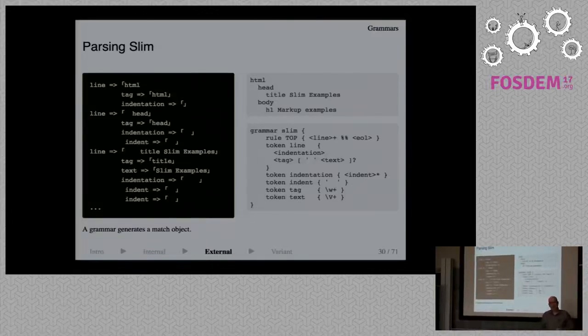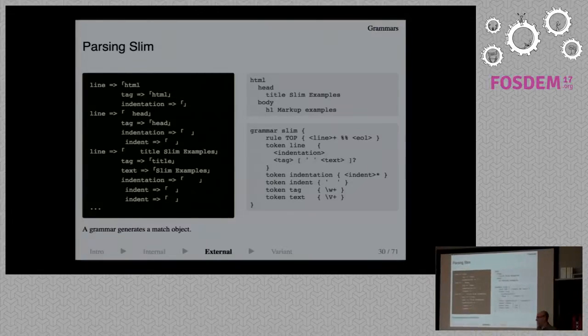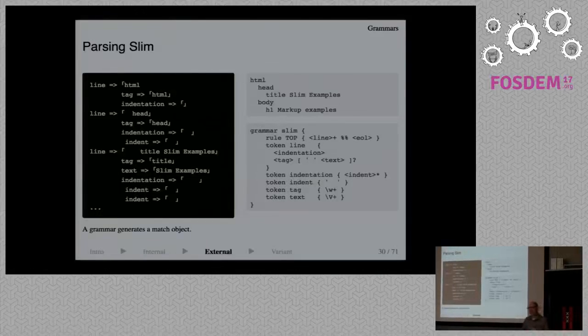These can be very cumbersome to work with. So generally, instead of parsing something and getting a big match object, the way to do something interesting with a grammar is to set up things that happen during the parse.